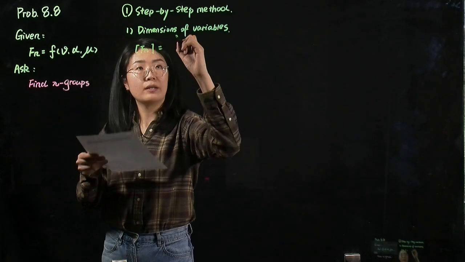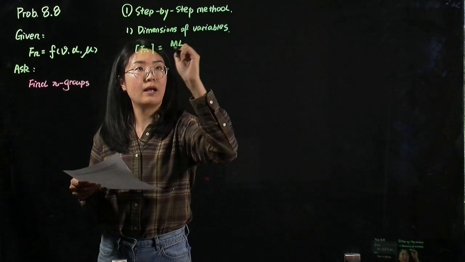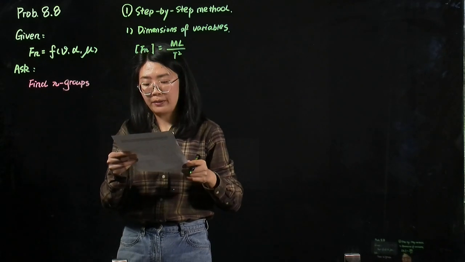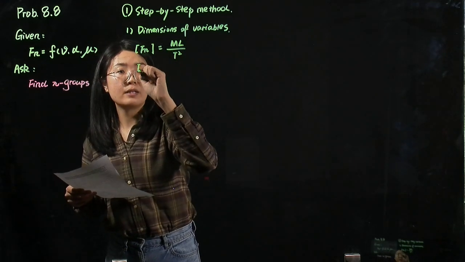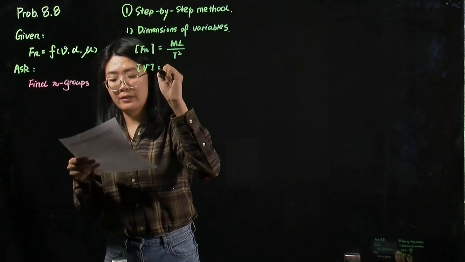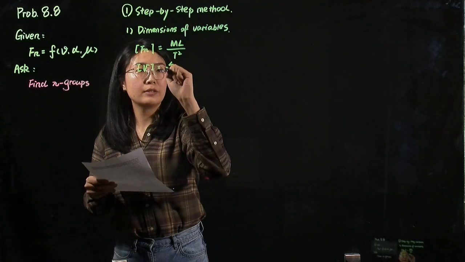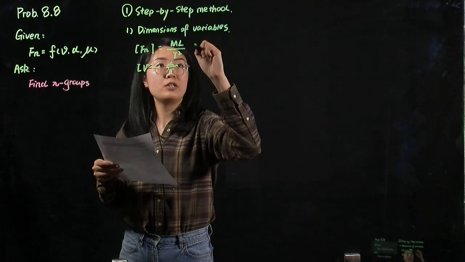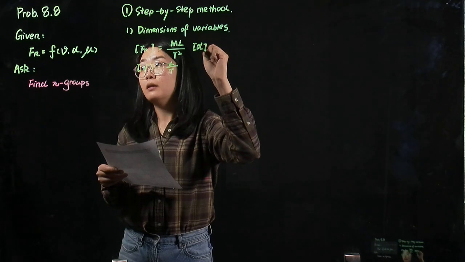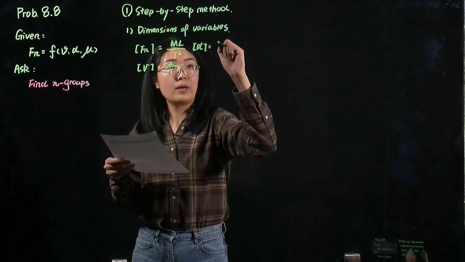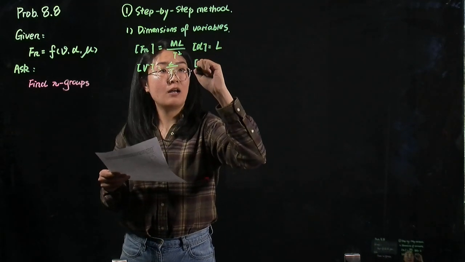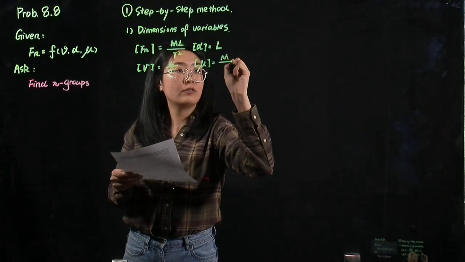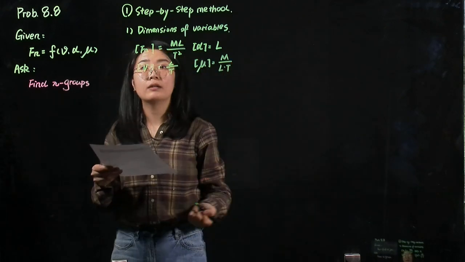Its dimension is M times L divided by T squared. The dimension of velocity is L over T. And we know the dimension of the diameter should equal L. The dimension of viscosity is M over L times T, right?